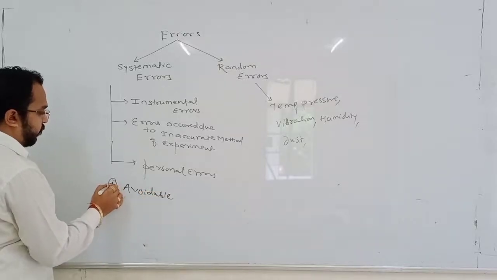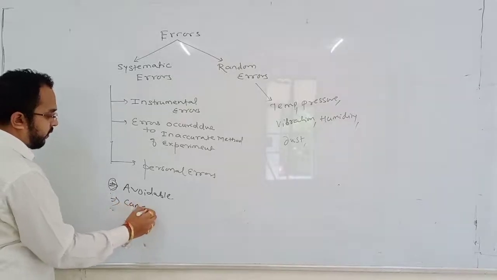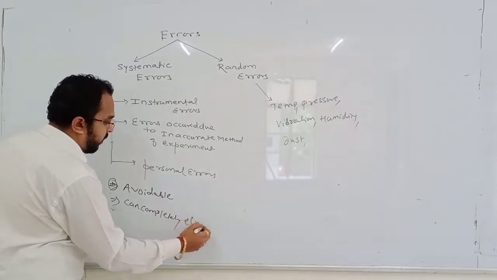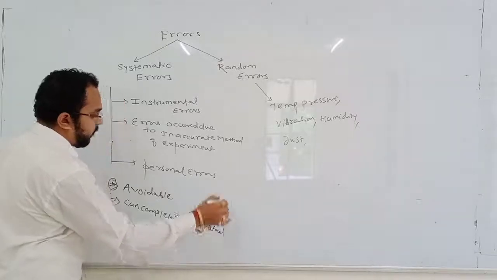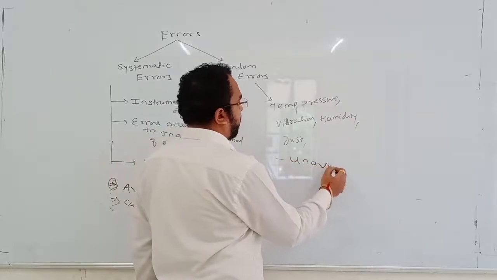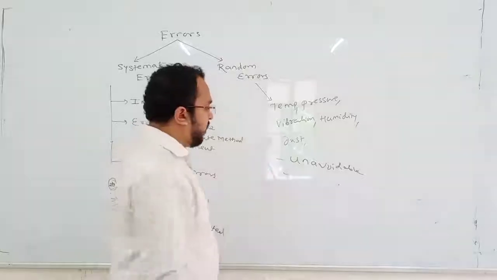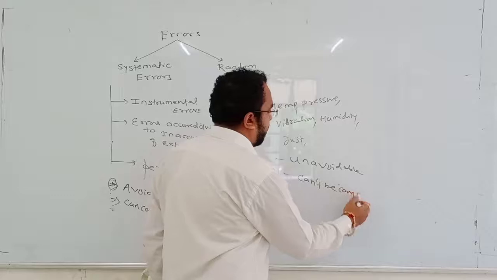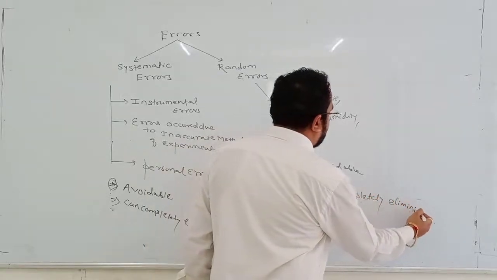Okay. Next point, systematic errors can be completely eliminated, म्हणजे आपण ते काढून टाकू शकतो. Random errors are unavoidable, आपण यांना अवॉइड करू शकत नाही आणि ते येणारच आहे, and can't be completely eliminated.